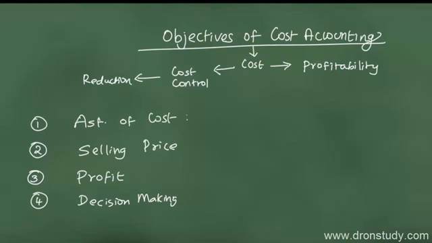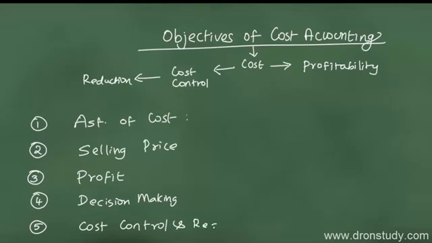So business decisions are taken after analyzing the cost and benefits of each option, and the manager will choose the least cost option. The fifth objective is to facilitate cost control and cost reduction.